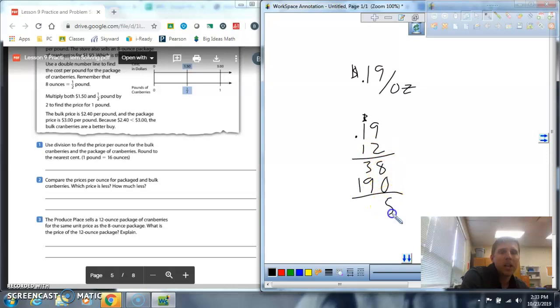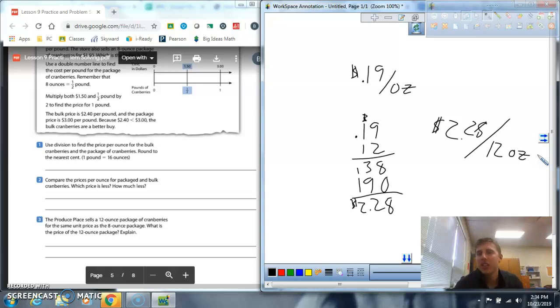Okay, we get 8, 12, and we get $2.28. And that would be $2.28 per 12 ounces. Okay, each 12-ounce package costs $2.28. Okay, so remember, an 8-ounce package of that was $1.50.